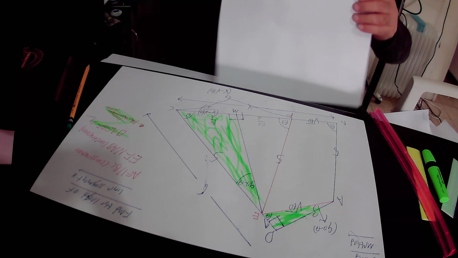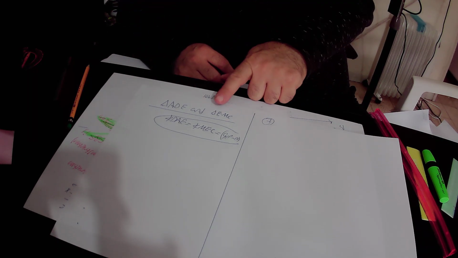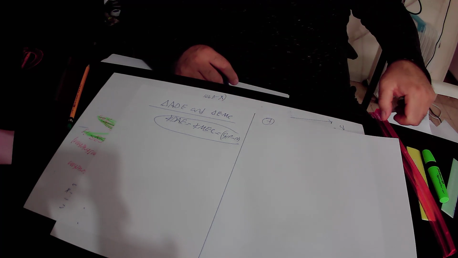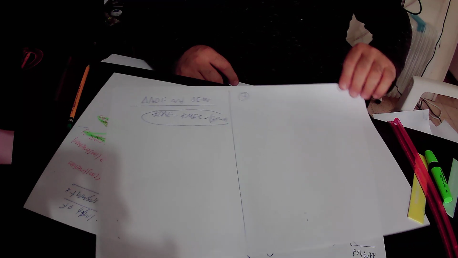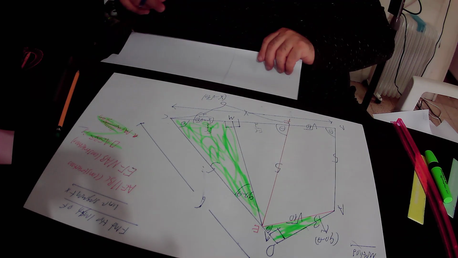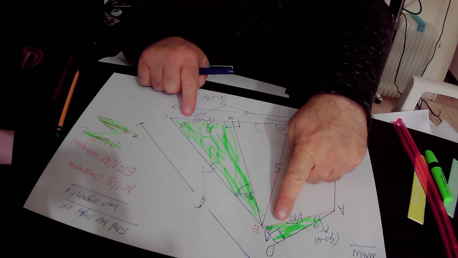I repeat again. Angle DAE equals angle MEC, and both angles are equal to 90 degrees minus theta. Therefore, they are equal to each other. In addition, we have those two angles, they are both equal to theta, therefore they are equal to each other.